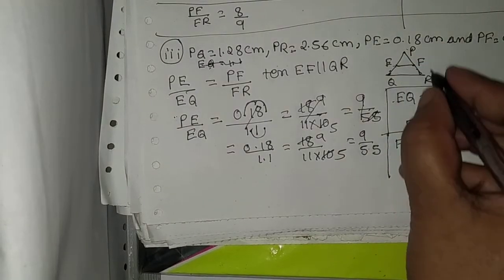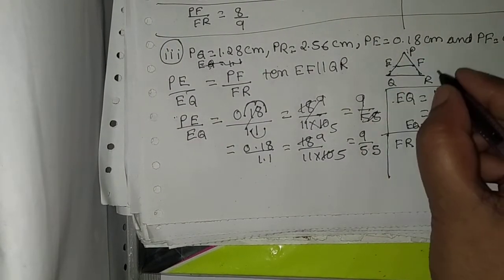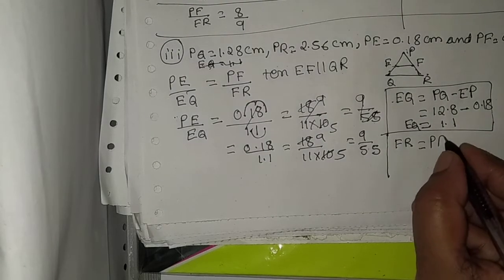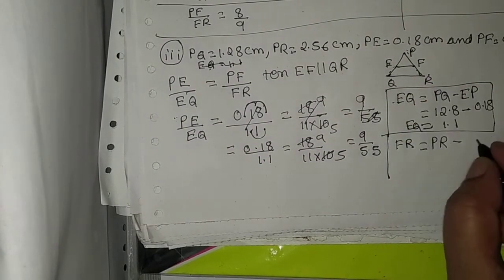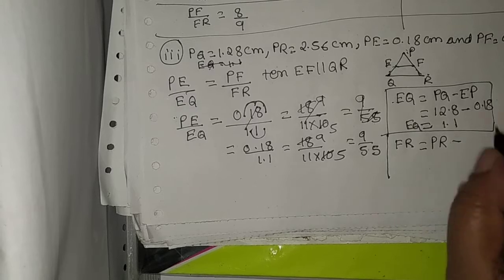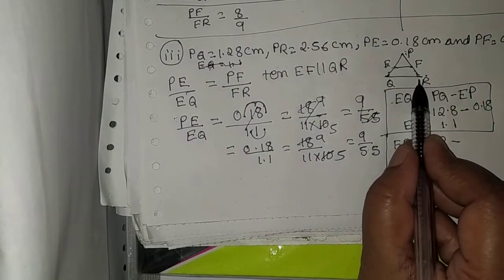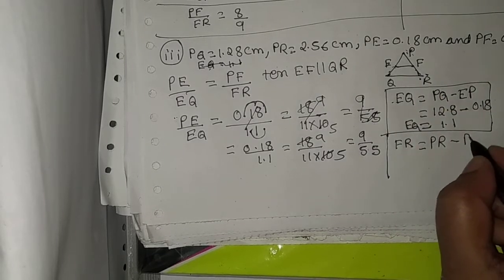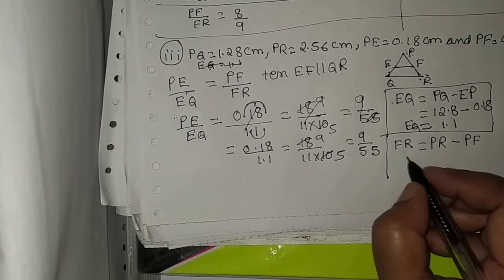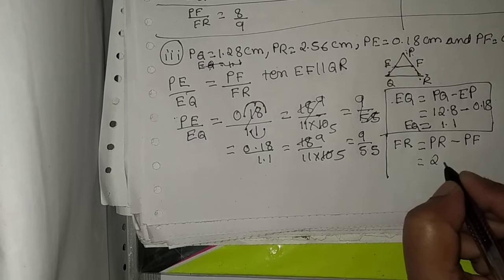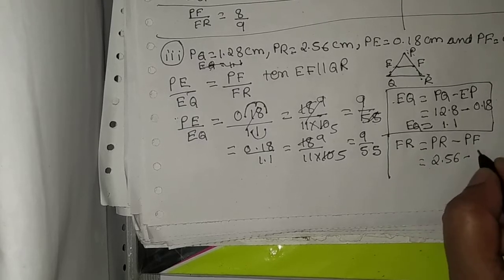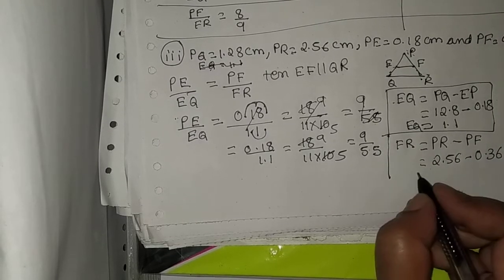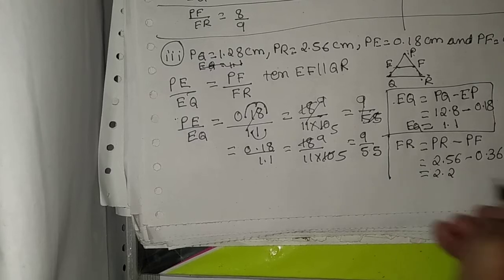Same thing, FR we can find out: PR minus FR, that is PR minus PF. Substitute the values given: 2.56 minus 0.36 equals 2.2.